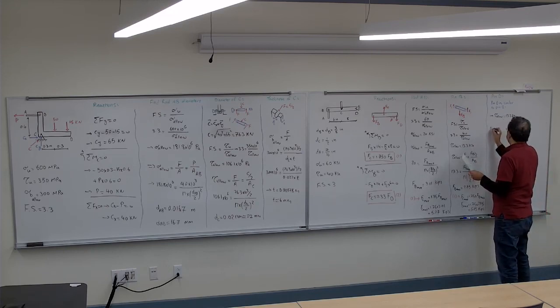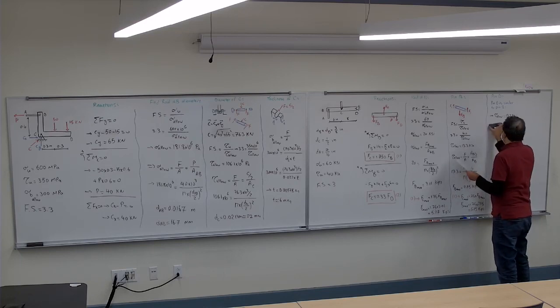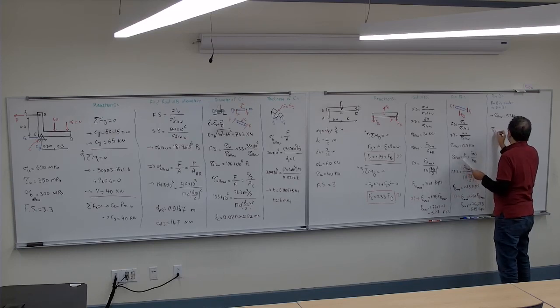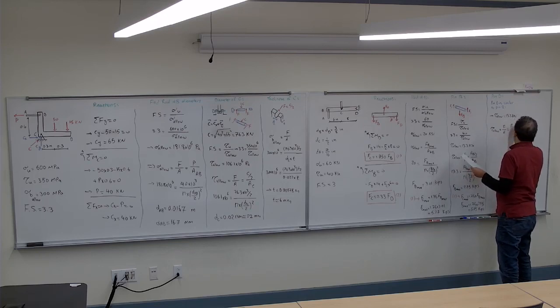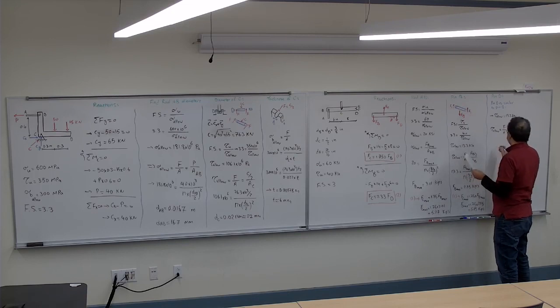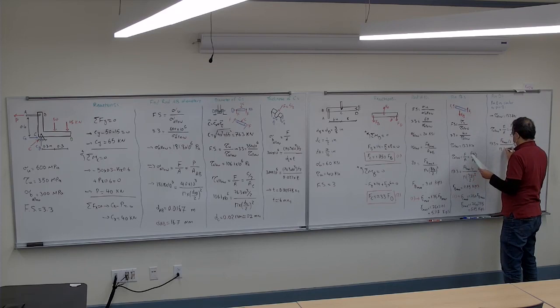So if I write tau allowable, it's going to be the F divided by area, so the F at D divided by 2 times the area of the D. And exactly the same, 13.3 is equal to FD max divided by 2, and the area is exactly the same, pi times 3/8 of an inch divided by 2 squared.